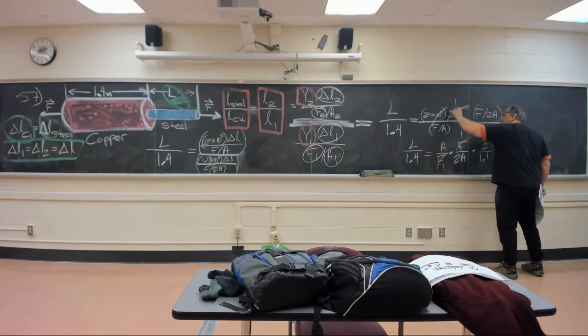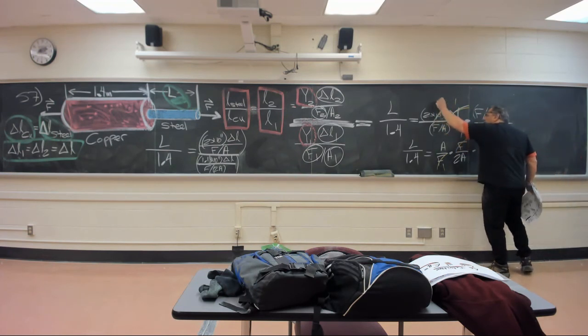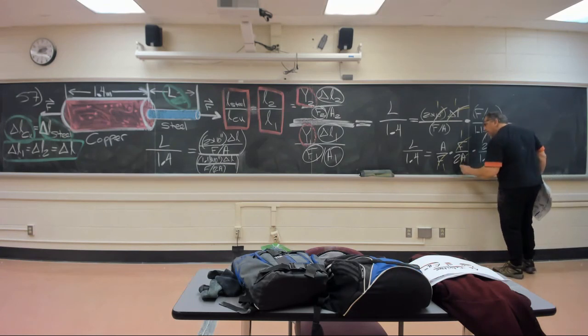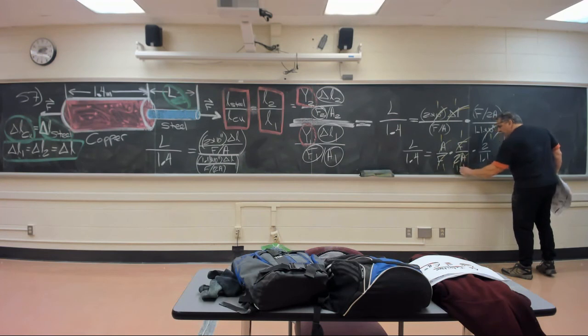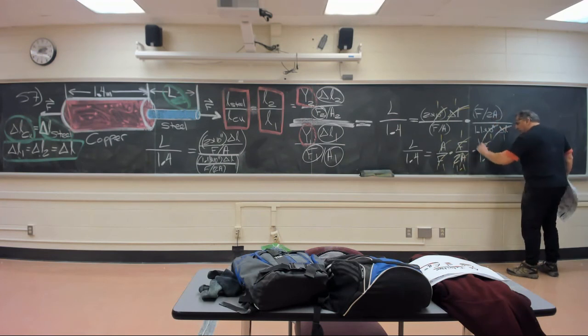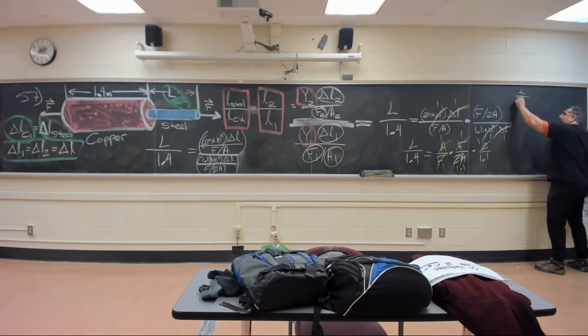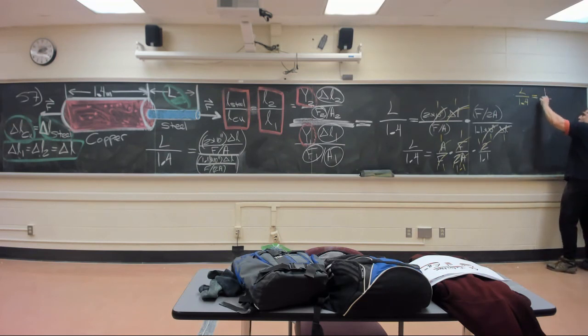Same thing was going on here. You just have these canceling. Kind of interesting, the 2 goes right here. You've got L over 1.4 equals 1 over 1.1.